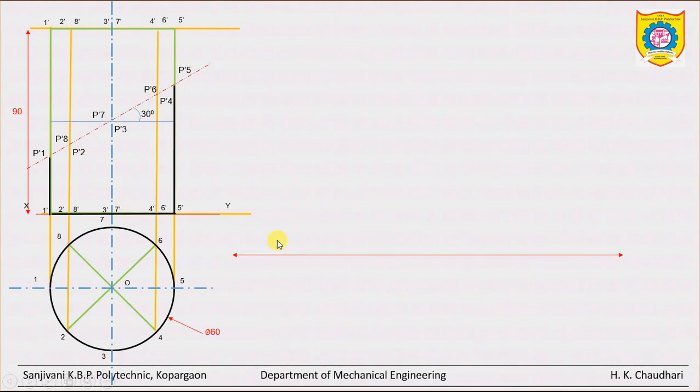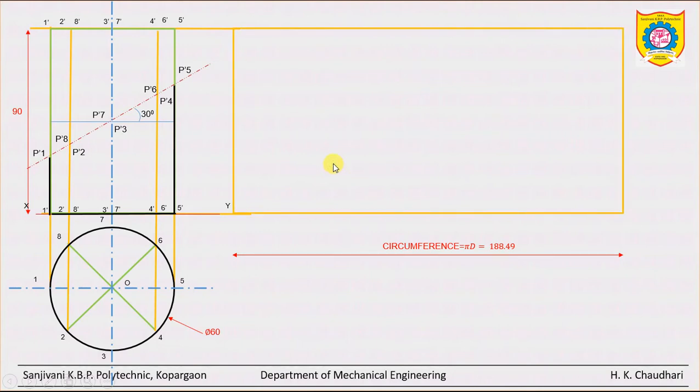Considering the length of this development, which is equal to the circumference of this base circle taking diameter equal to 60 mm, the length of the development will be 188.49 and the height of the development is equal to this 90 mm. So draw a rectangle.